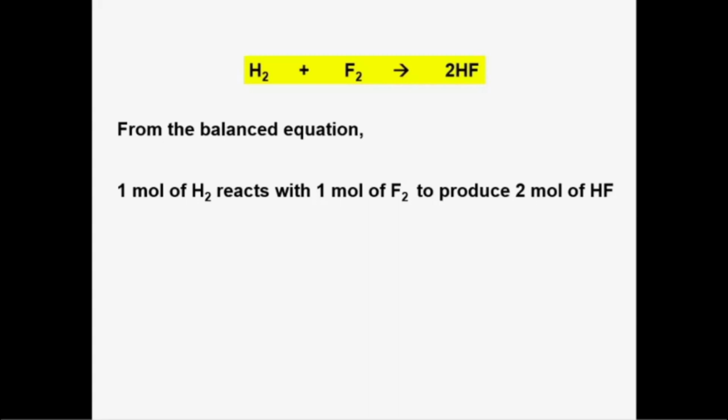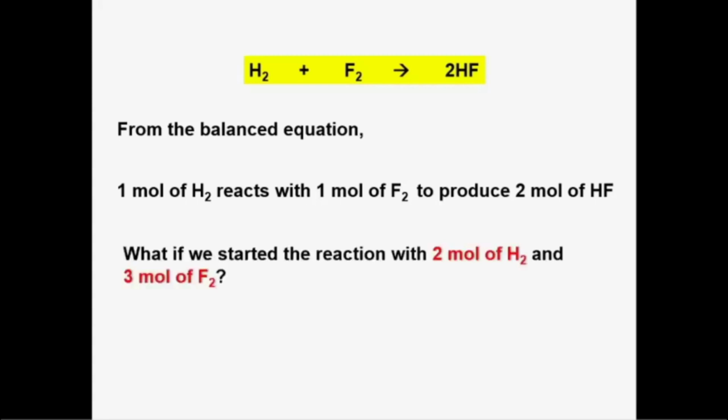However, what if we started this reaction not with 1 mole of hydrogen and not with 1 mole of fluorine? Instead, we start this reaction with 2 moles of hydrogen and 3 moles of fluorine. How many moles of hydrogen fluoride shall we get?